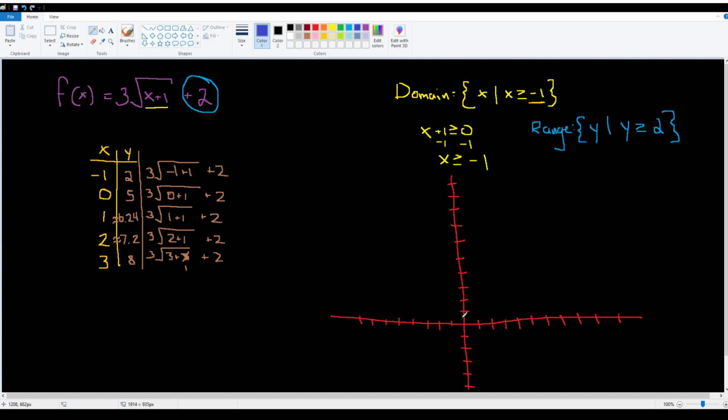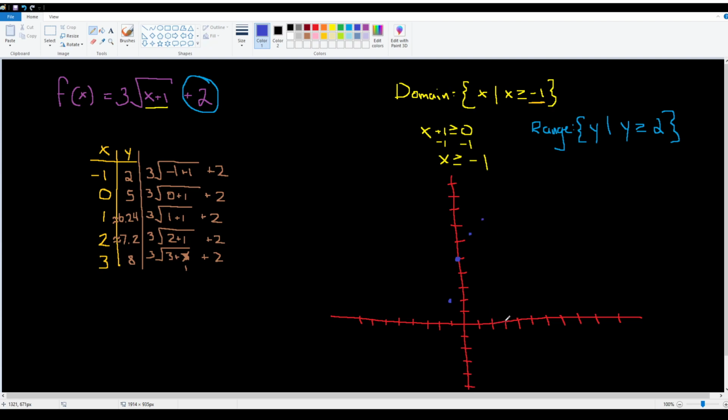So I'm going to start by plotting the point -1, 2. So I go to -1, 2, and I create my point there. Then I have the point 0, 5, and I plot my point there. Then I have the point 1, 6.24, which is approximately here. Again, when you're plotting decimals, you just want it to be close. Then I have the point 2, 7.2. So we're about here.